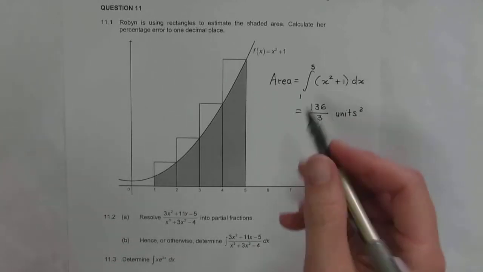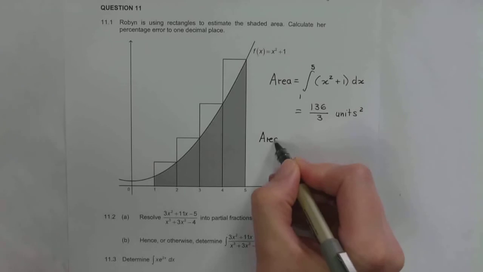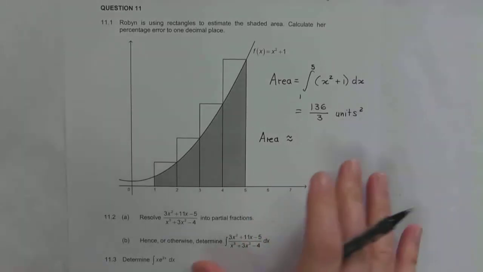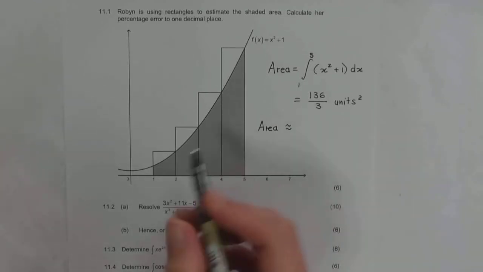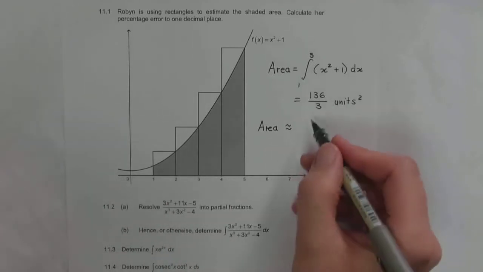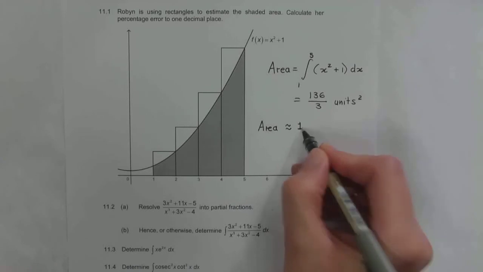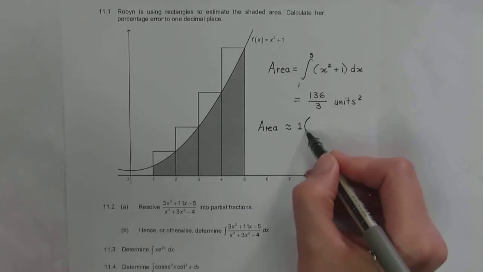So you could have said the approximate area is equal to, and you could have just done them manually, one by one. Instead of using the Riemann sum formula, I would just say the width every single time is 1. So I'm going to take that 1 out as a common factor, because technically speaking, you don't actually need it, but you'll see just now this makes it slightly easier.